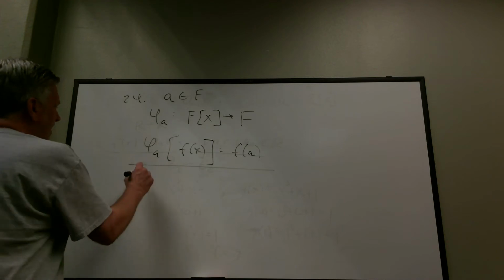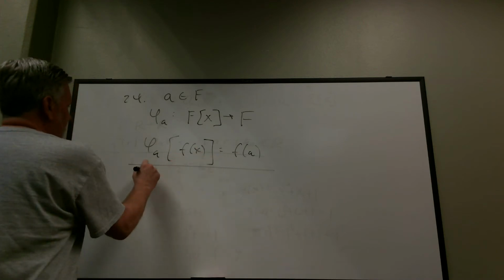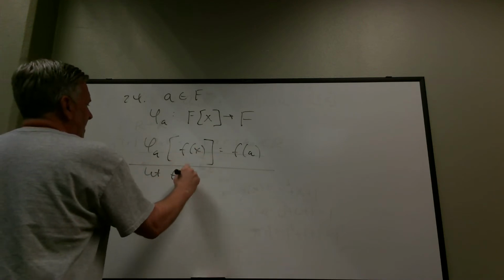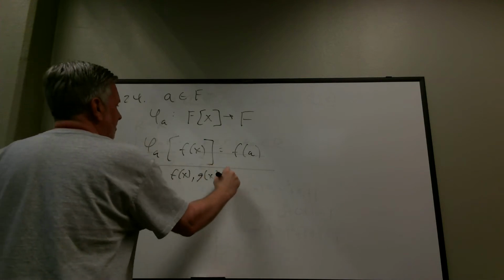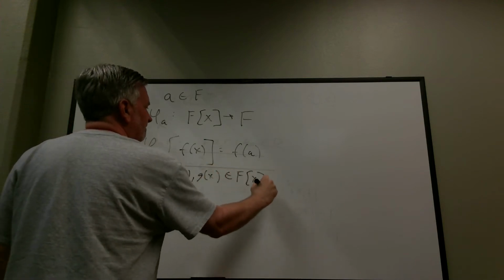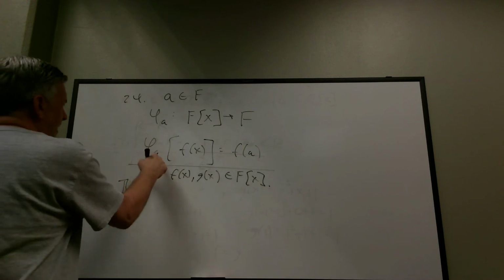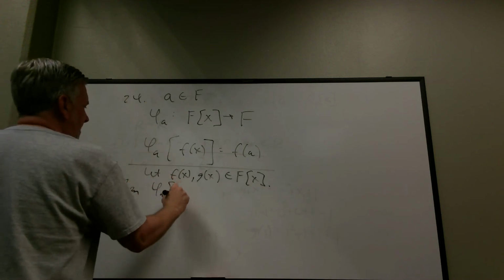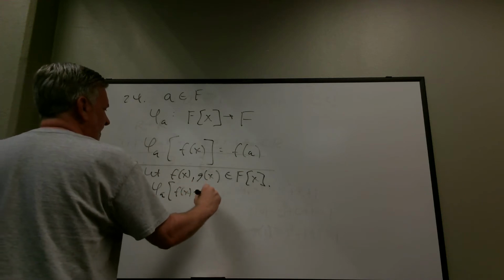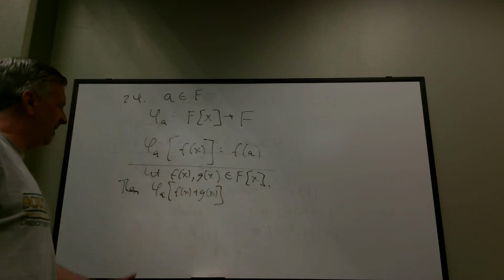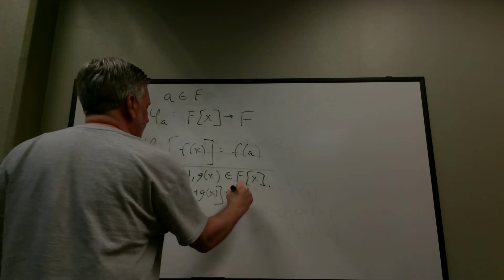Okay, so we have to show the linearity, so let f of x and g of x be in the ring F[x]. Then phi sub A of f of x plus g of x. Well, what's the definition of the sum of two functions?